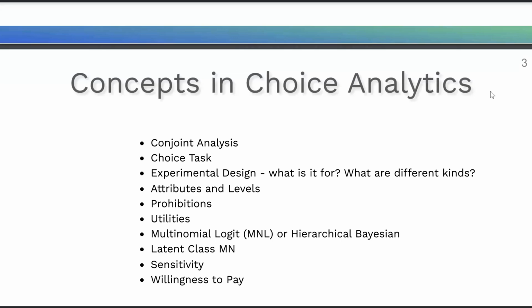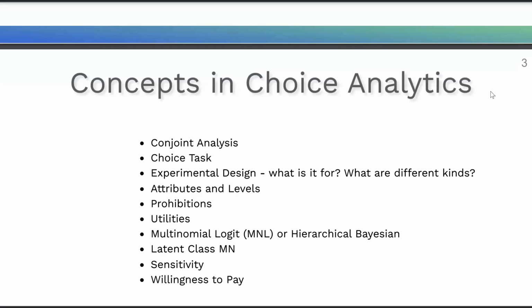We'll talk about utilities, what they are, and how to look at them. We'll talk a bit about analysis approaches and analysis methodologies. Hierarchical Bayesian is one that is fairly common and becoming more common. But we'll touch on what's the difference between that and what's called multinomial logit.